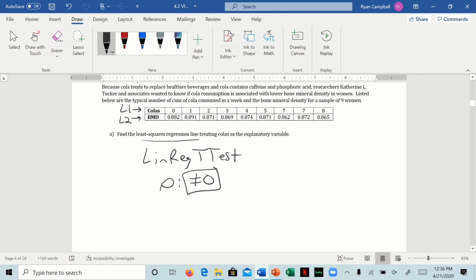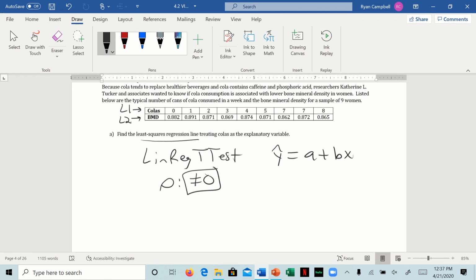So after you plug all this into L1 and L2 and go to LinRegTTest, again, if you need to pause this video, totally okay. You'll see at the top of your calculator y equals a plus bx, and you just need to tell me what the values are.